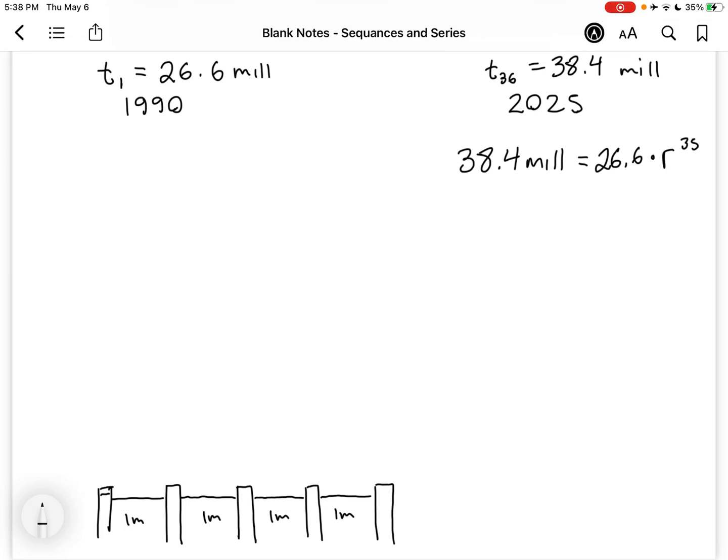Okay, so we can solve this in a very similar way to the problem on the previous page, where we had two terms but didn't know what the common ratio was. The way that we did that was through division. So if we divide T36 divided by T1, then what we're going to get is 38.4 million.